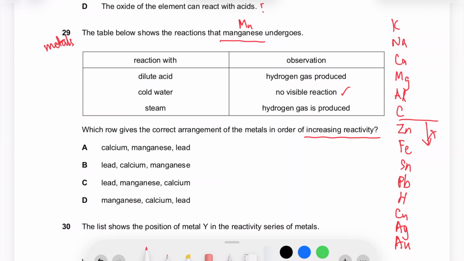For increasing reactivity, you must end with the most reactive, which is definitely calcium, the last one. By elimination, C must be the only answer. Let me double check again: manganese, lead. Yes, answer 29 is C.